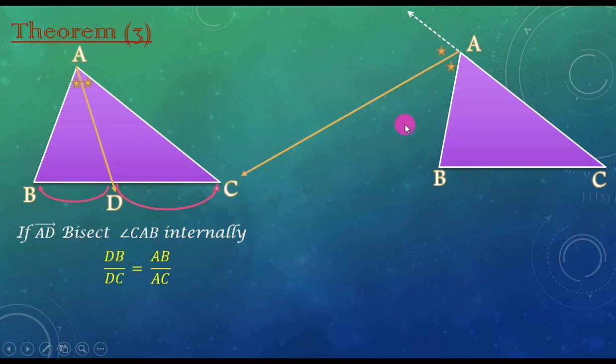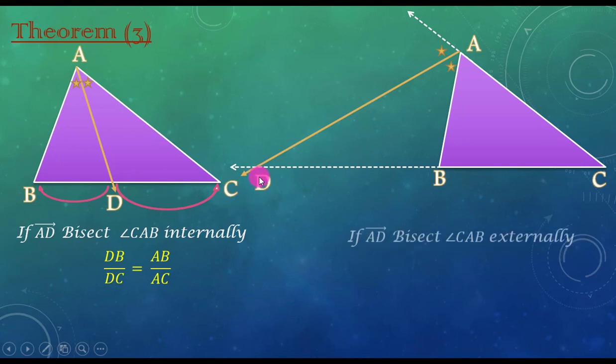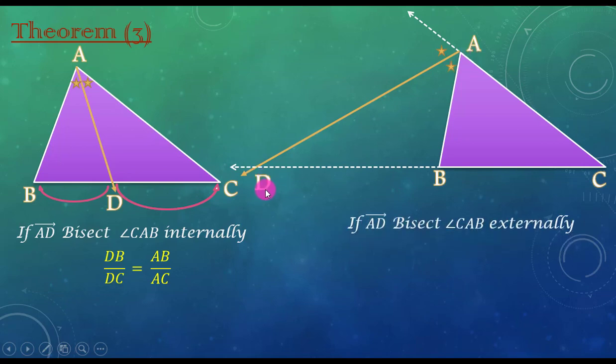The exterior bisector intersects the BC ray here at this point D. So AD is called the external bisector, or bisects angle CAB externally. It divides BC from D to B and from D to C.